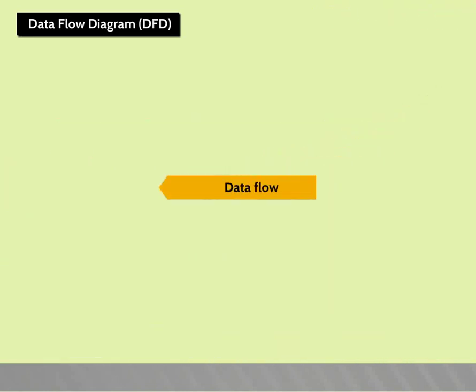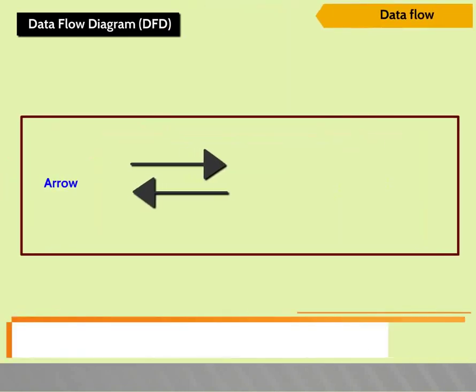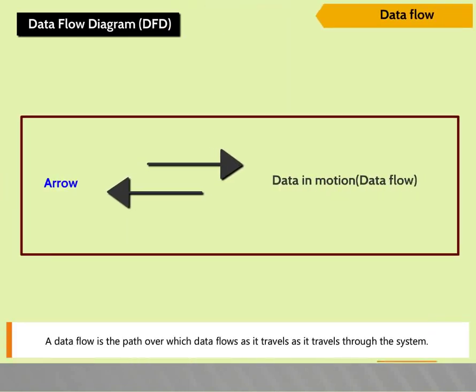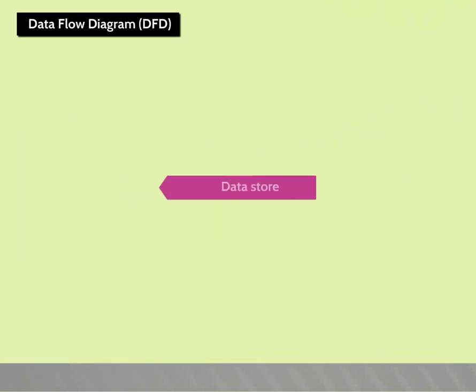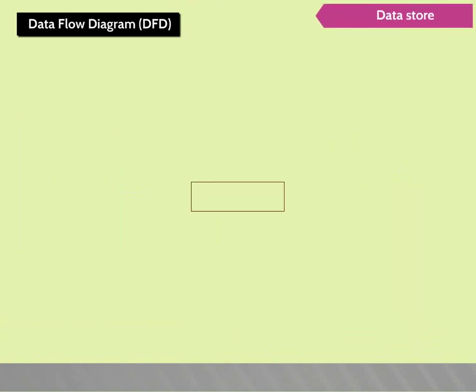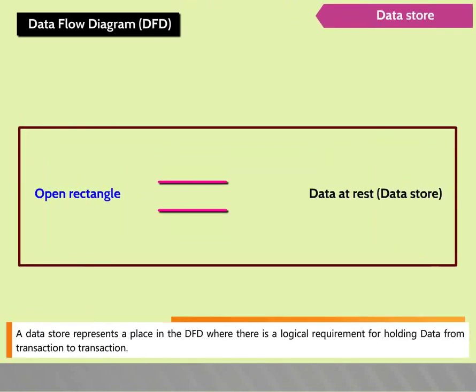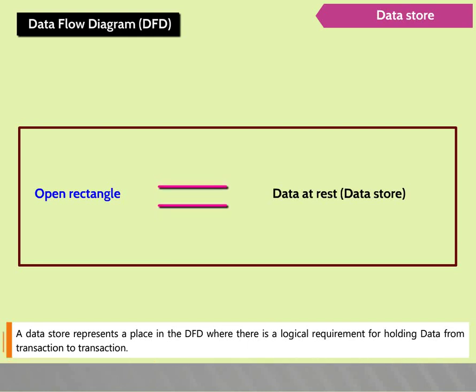Data flow: a data flow is the path over which the data flows as it travels through the system. Data store: a data store represents a place in the DFD where there is a logical requirement for holding data from transaction to transaction.